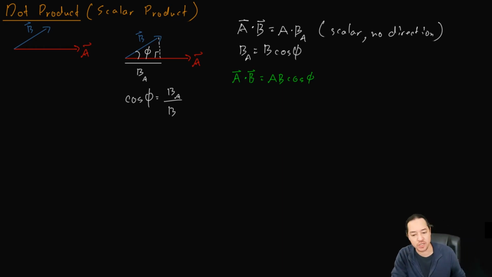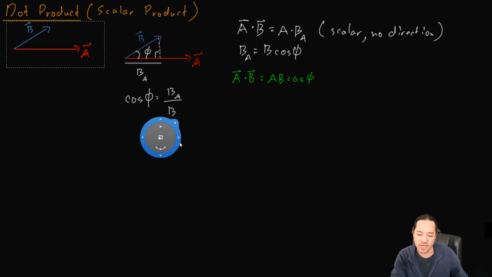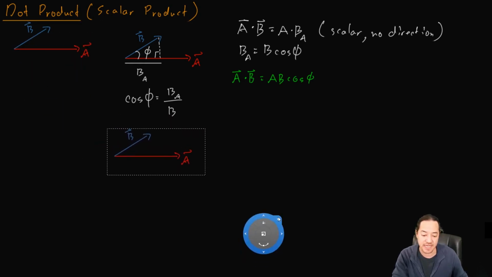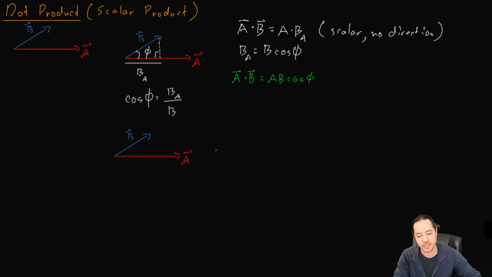Okay, well, let's take a look. Let's do the same thing, but we'll treat B as the dominant vector. So in this case, what I want to do is take a projection of A onto B, where this winds up being a right triangle.